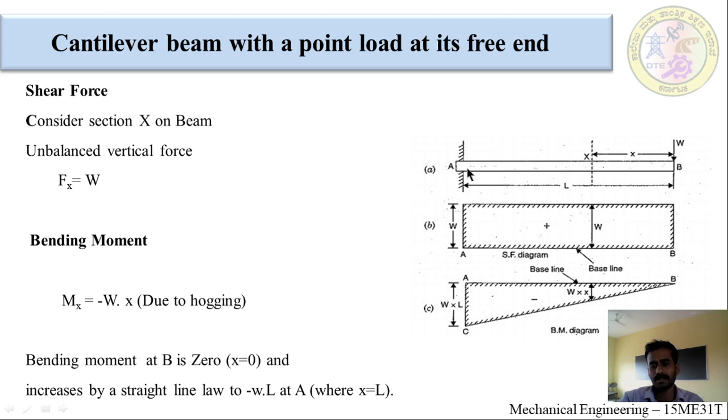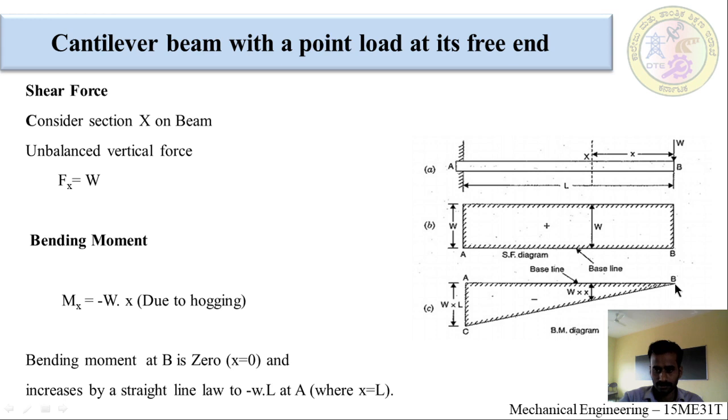Now if you consider the bending moment at A, that is, at the fixed end, it increases by a straight line law to minus WL at A. Here the x value is equal to L. Substitute x equal to L, it will be minus W into L at A. This is the point where the maximum bending moment occurs, and the bending moment varies linearly between 0 and the maximum value, as shown in the bending moment diagram.